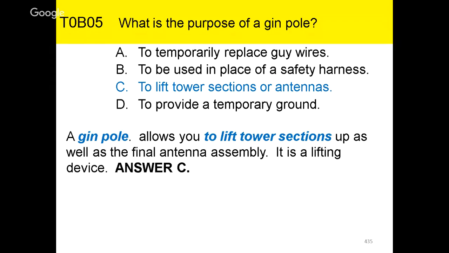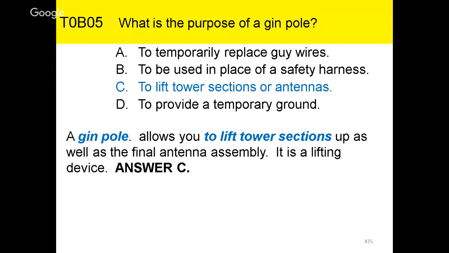Part of it extends above the piece of tower that is in place, and you hoist the next section up and it allows it to be held in place while you guide it into the proper position for fitting into the lower section that is already there.